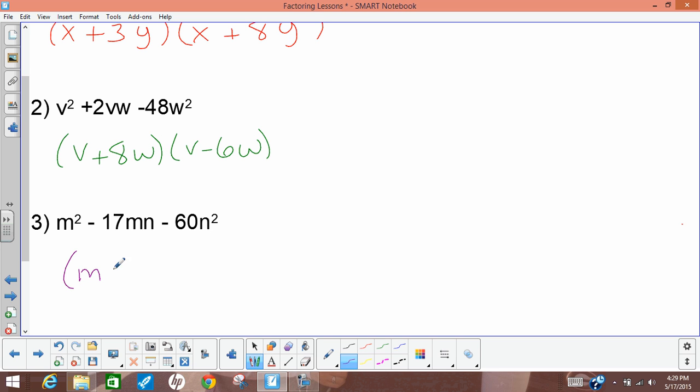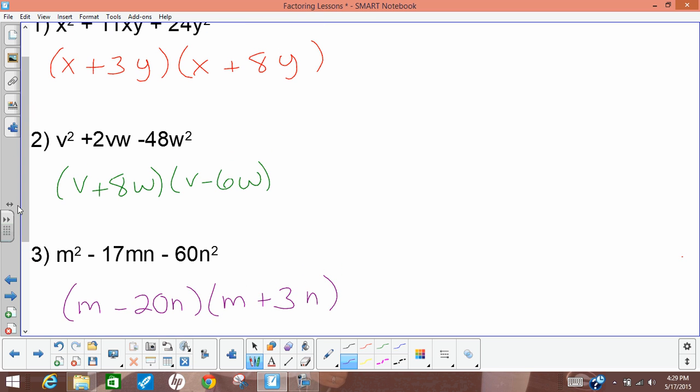Here we'll start with an m, end with an n. Two numbers that multiply to be negative 60 and add to be negative 17 are negative 20 and positive 3.